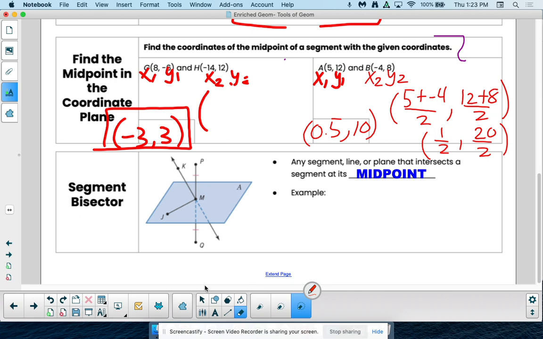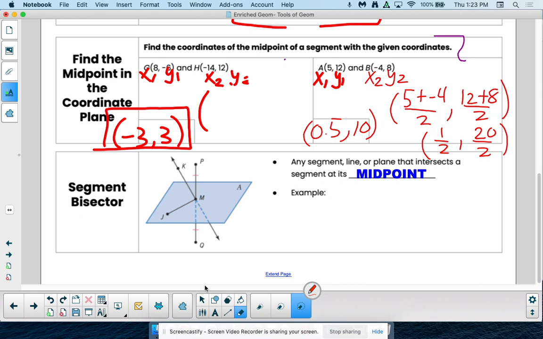So in this picture over here, we actually have 4 different segment bisectors happening to PQ. See if you can list as many as you can. What's intersecting PQ at its midpoint? There's 4 different ones. It could be a plane, it could be a segment, it could be a line, it could be whatever you see.